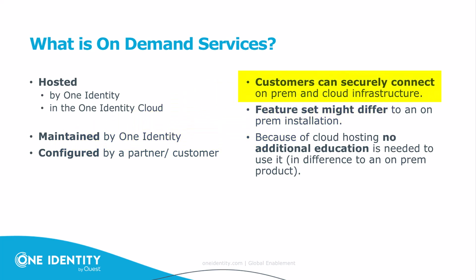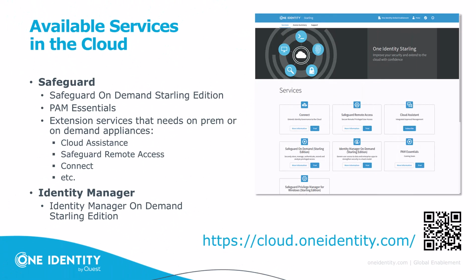And of course, the customer can securely connect its on-prem or cloud infrastructure via a secure connection with encrypted communication and strong authentication. One Identity offers three on-demand services. These are security appliances available online: Safeguard On-Demand, Identity Manager On-Demand, and PAM Essentials.